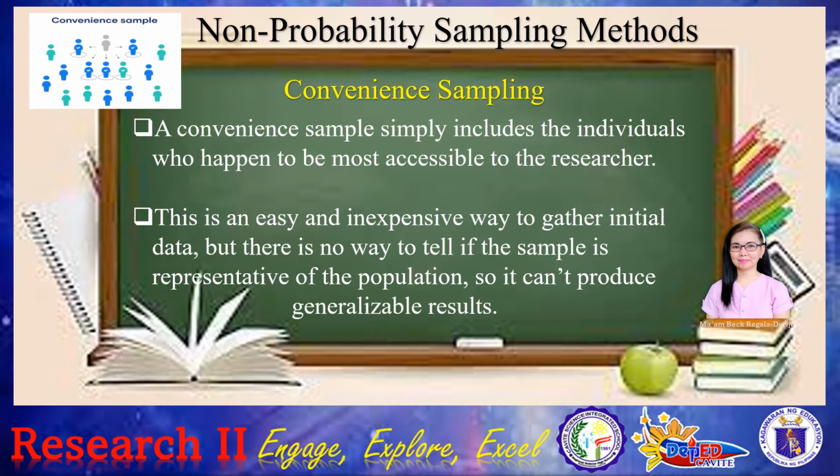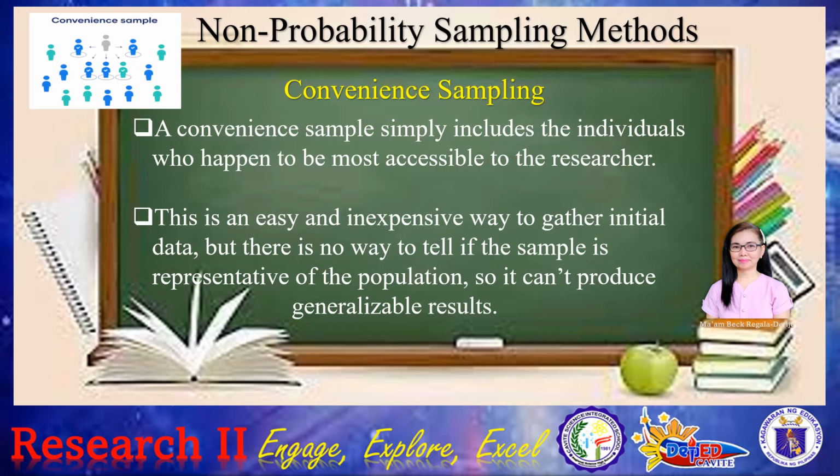So what does this mean? Diba nga, malapit nga yung samples sa researcher o yung individuals, kaya tinawag na convenience kasi madaling gamitin, madaling gawin itong convenience sampling, but hindi natin pwedeng sabihin na yung sample na napili natin ay representative sila ng population.